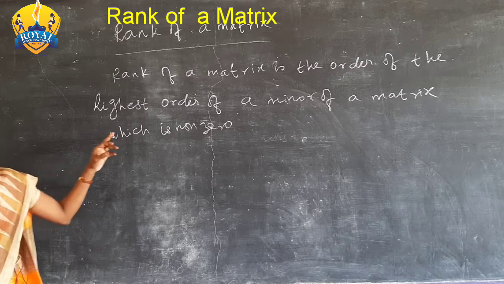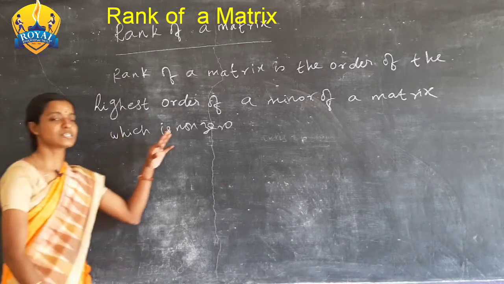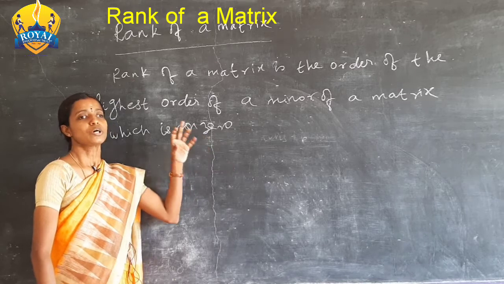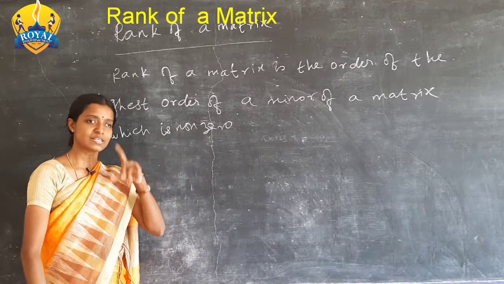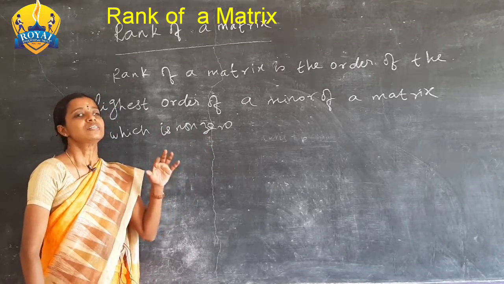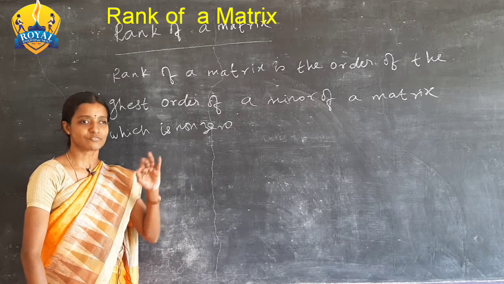So you are going to find out a minor of a matrix which is non-zero. So you are going to find the highest order for which the entries do not vanish.